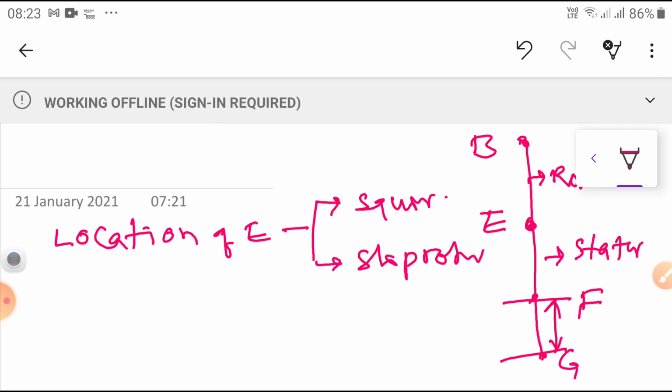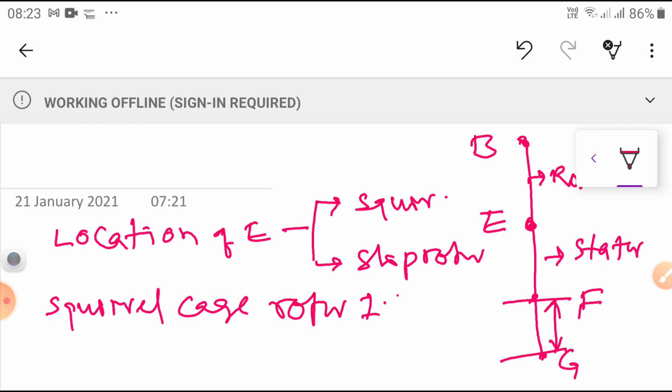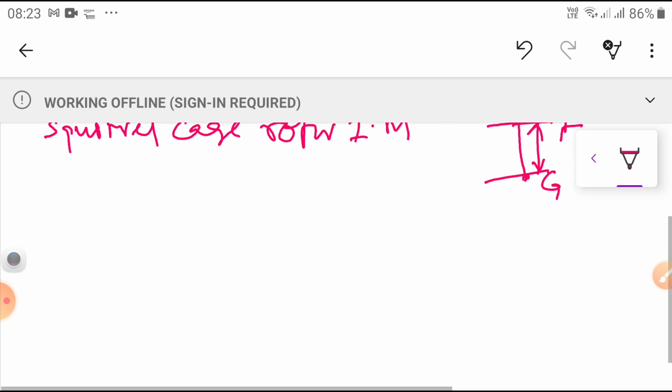In the cage rotor, first we take the squirrel cage rotor induction motor. So how do we know that? Under the blocked rotor test, the input to the motor is approximately equal to the copper losses only, because mechanical losses are 0 and iron losses are very small.